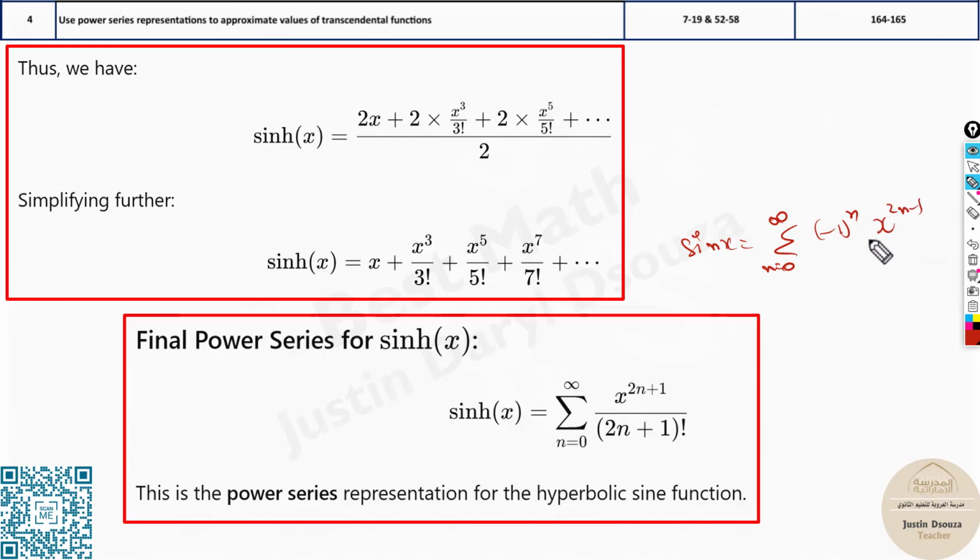Then we had odd numbers, right? Sine is always odd, 2n minus 1 and 2n minus 1 the whole factorial. We did this for sine, but the extra part was only this minus 1 power n. So that is the only thing missing with the hyperbolic functions.